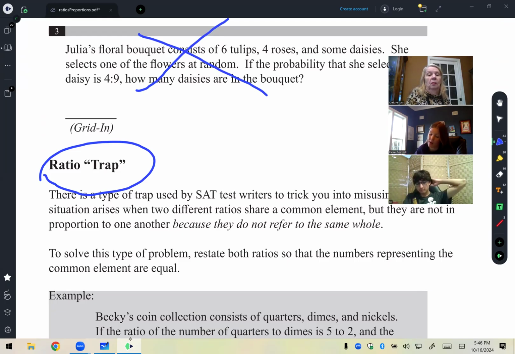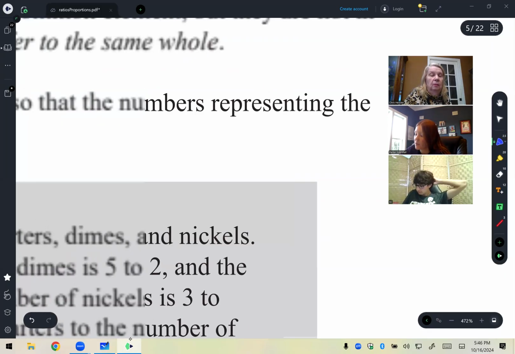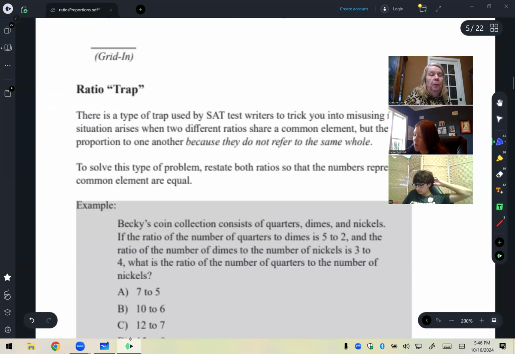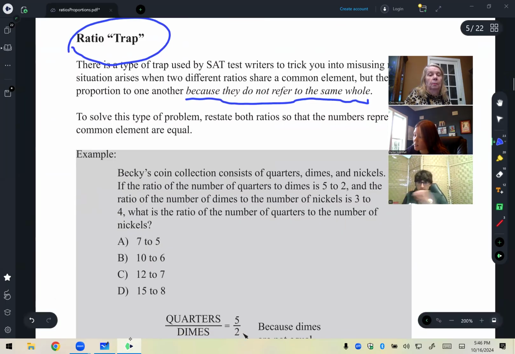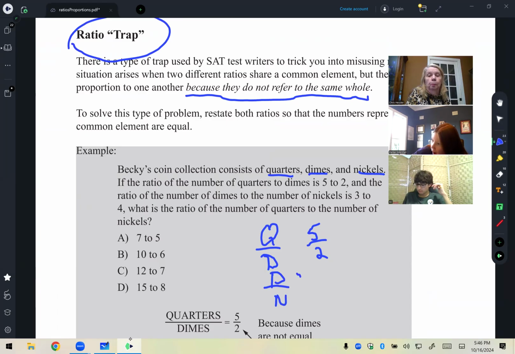Okay. It's trying to trick us, like always, to solve this. So let's try this one. Okay, Becky's coin collection. She has quarters, dimes, and nickels. So we know we put our label there. Quarters to dimes is 5:2. Dimes to nickels is 3:4.